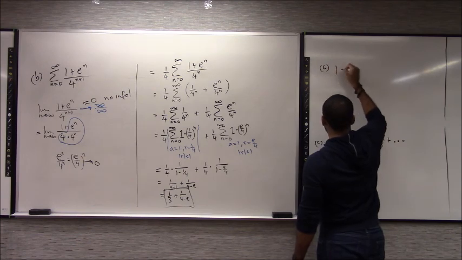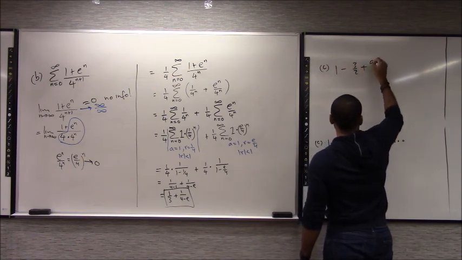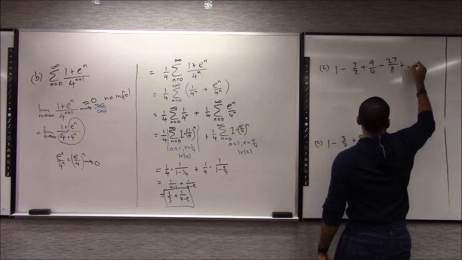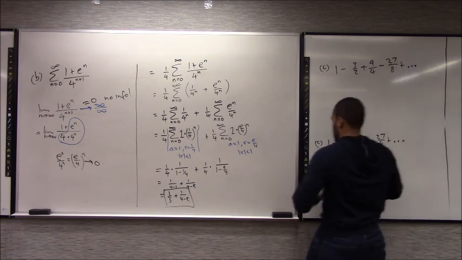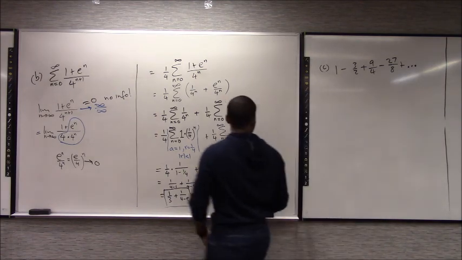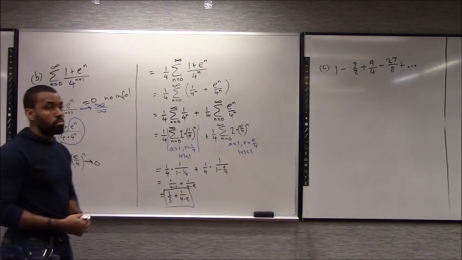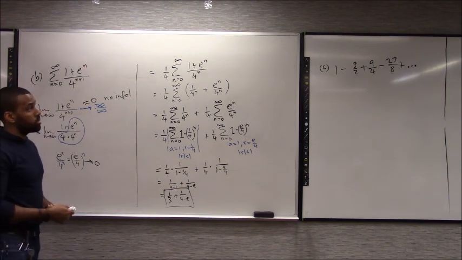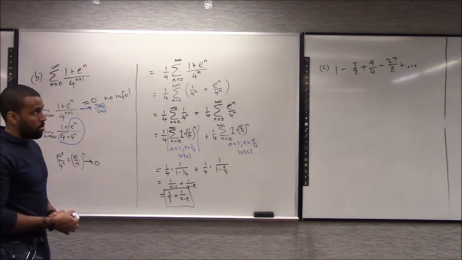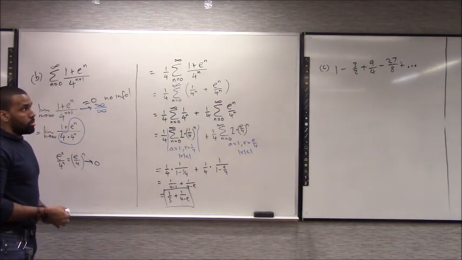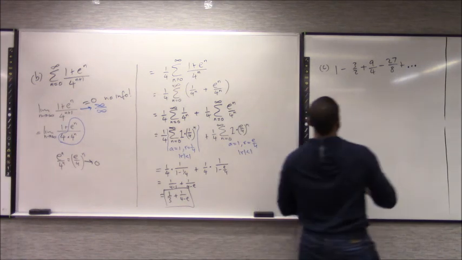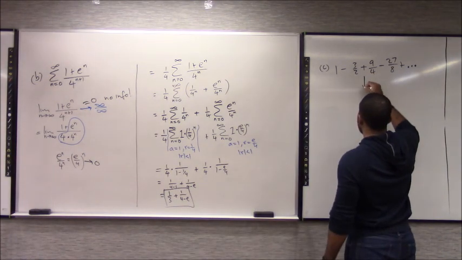So, I didn't give you a formula, I just wrote out a bunch of terms. Then the ellipses indicate that the pattern repeats. You could see that it's being multiplied by negative 3 over 2. So you could make the form of a geometric sequence.